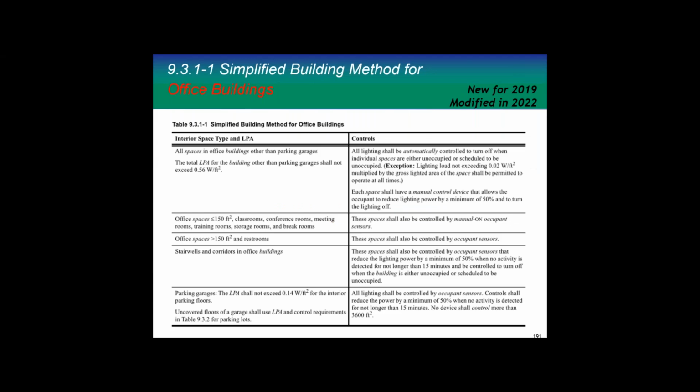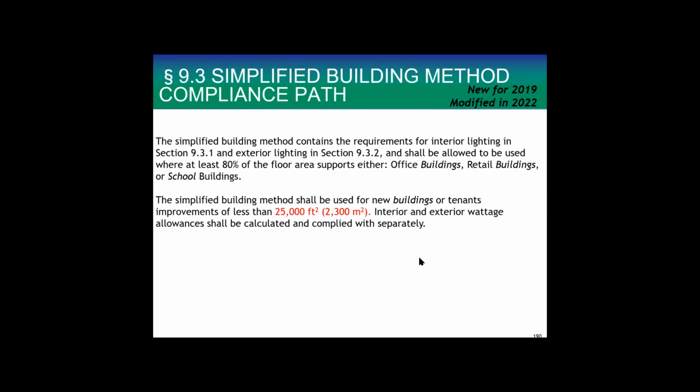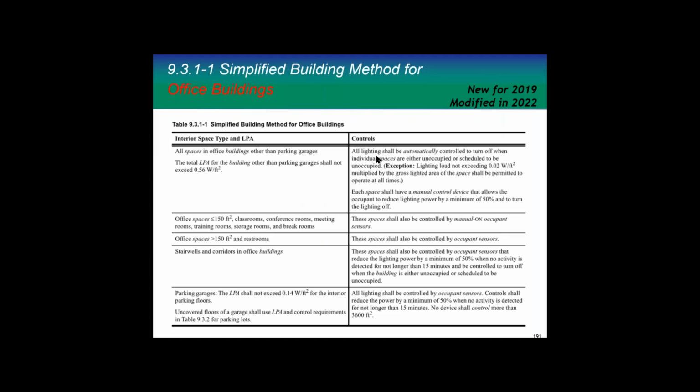So if you've got a simplified building that's an office building, these are the requirements. The light power density in buildings other than parking garages shall not exceed 0.56 watts per square foot. And that's for the whole building. And then all lighting shall be automatically controlled.